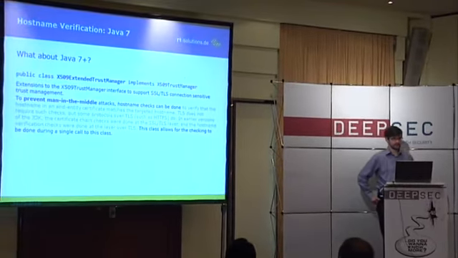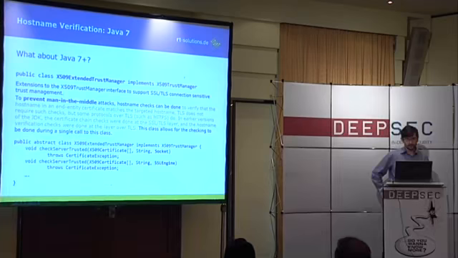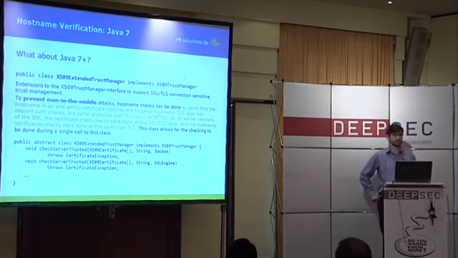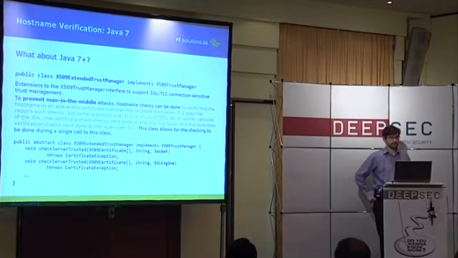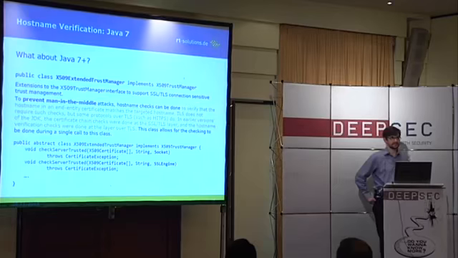So they have extended the interface with a third parameter, a socket or SSL engine, and the check server trusted method then compares the certificate provided by the server with the host name to which we connected, and also throws a certificate exception. So finally, the Java developers came up with an API that is a little bit less insane than previous versions.